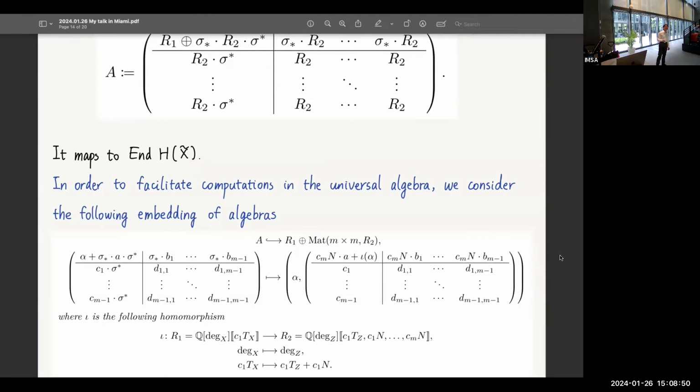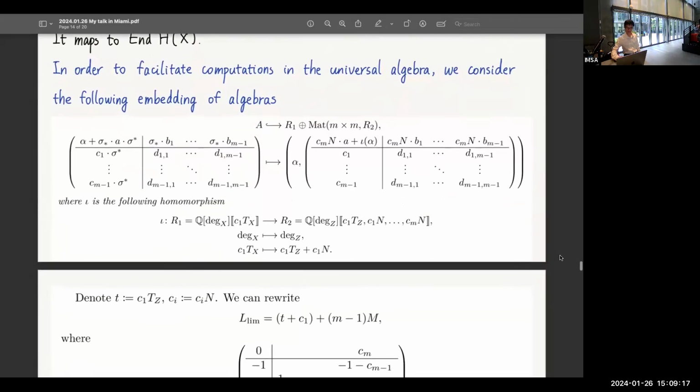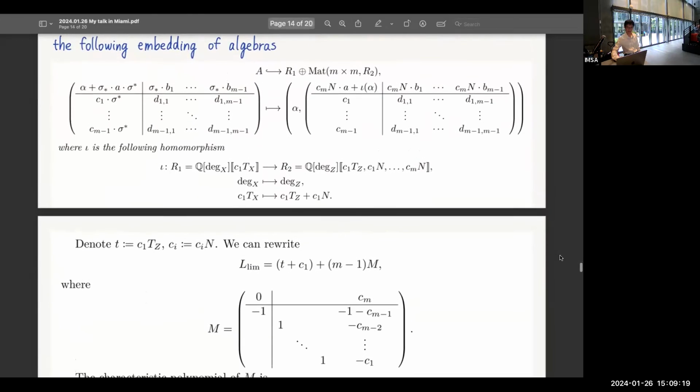It sends R1 to R2, dec X to dec Z, and C1 TX to C1 TZ plus C1 N. Then the observation is that after doing this tricky map, it actually is an embedding of algebras.